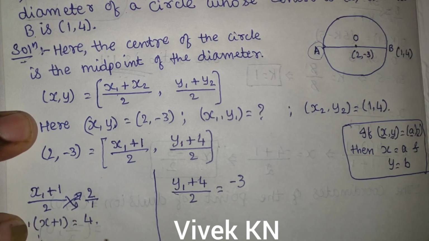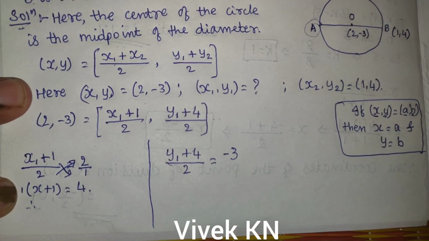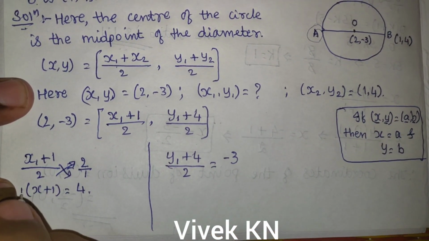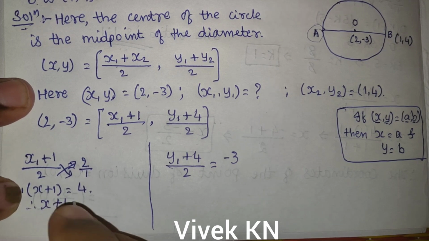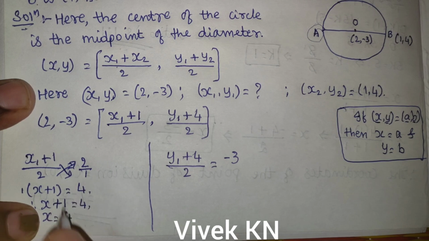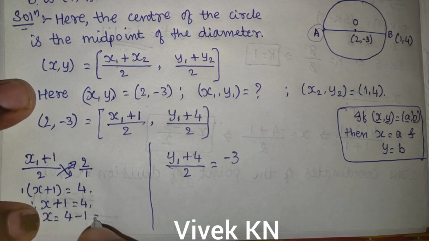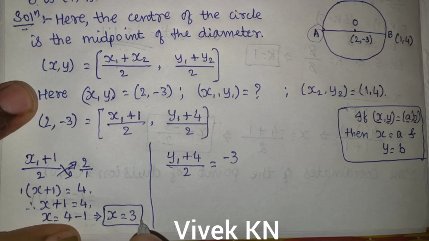Therefore x1 plus 1 is equal to 4. When we shift this plus 1 to the RHS, it becomes minus 1, so the value of x1 is 4 minus 1, which is 3. The value of x1 is 3.